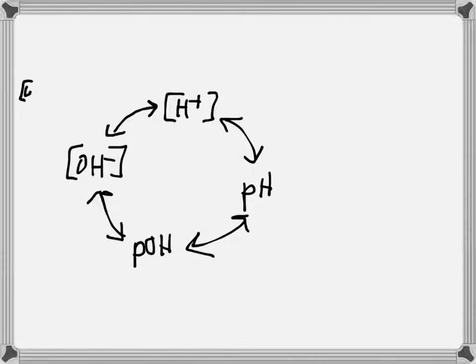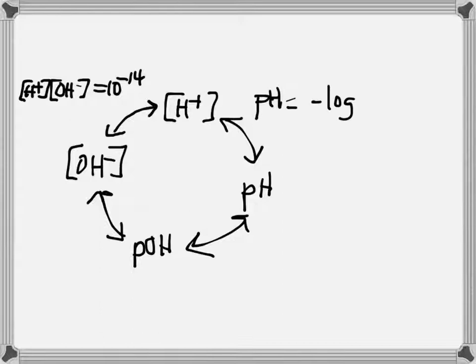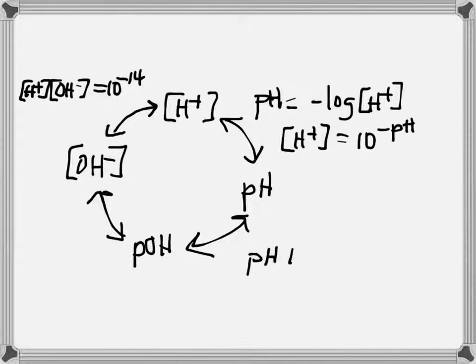The relationship here is that Kw is 1 times 10 to the minus 14. The relationship here is that pH equals negative log of the hydrogen ion concentration. Or going the other way, the hydrogen ion concentration equals 10 to the minus pH. This relationship down here is the simplest.